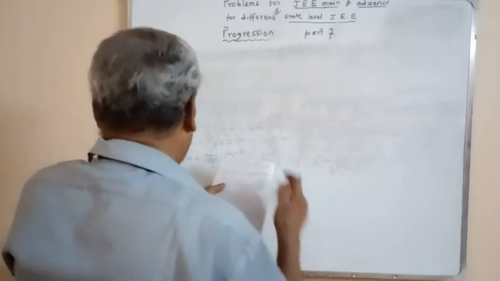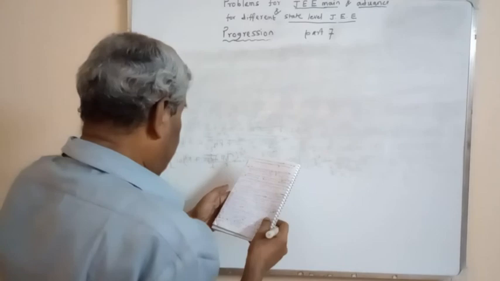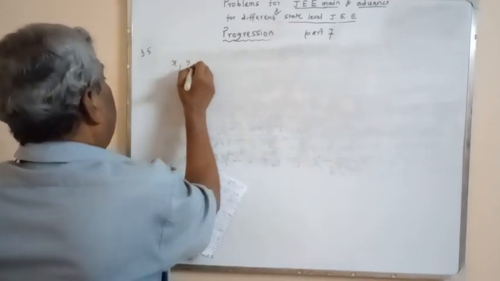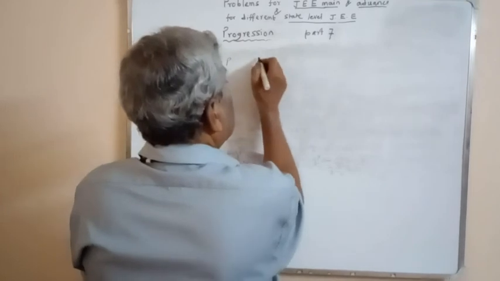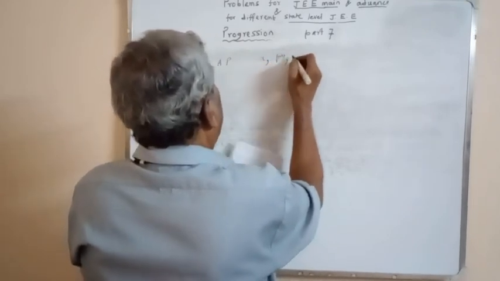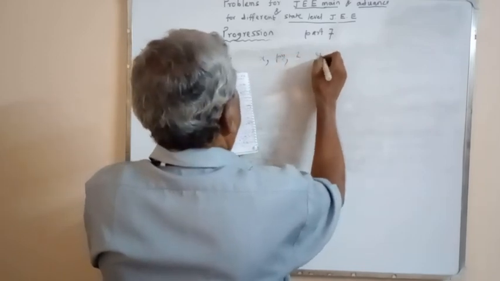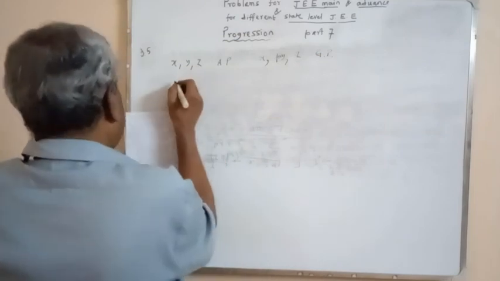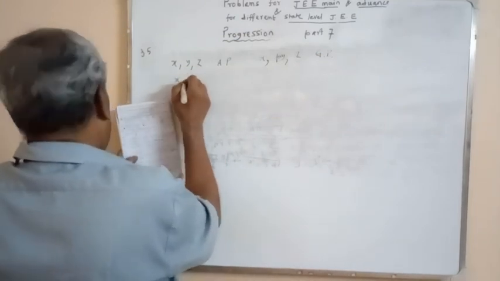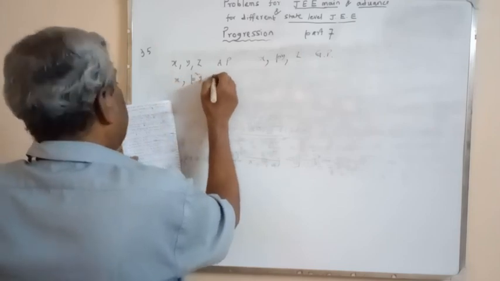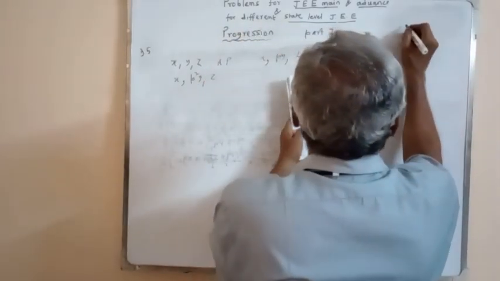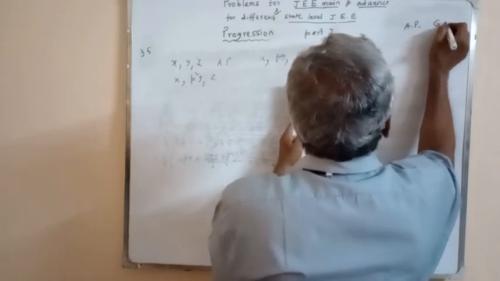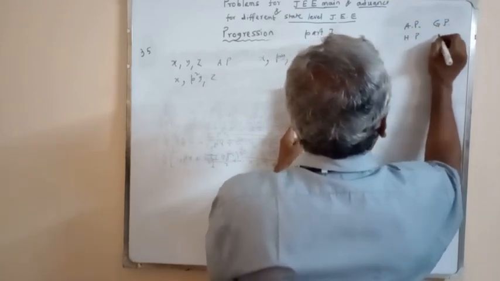Problem number 35 is: if x, y, z are in AP, x, p, y and z in GP, and then x, p square y, z are in which series? Options: AP, GP, HP, none of these.